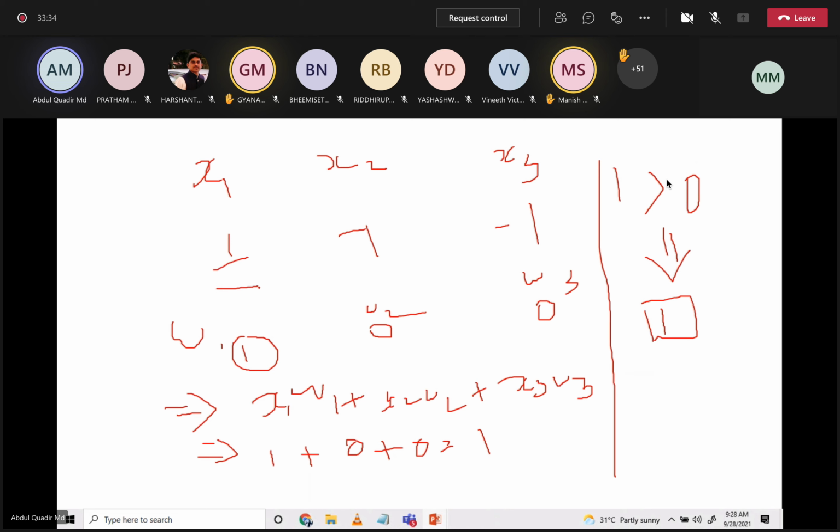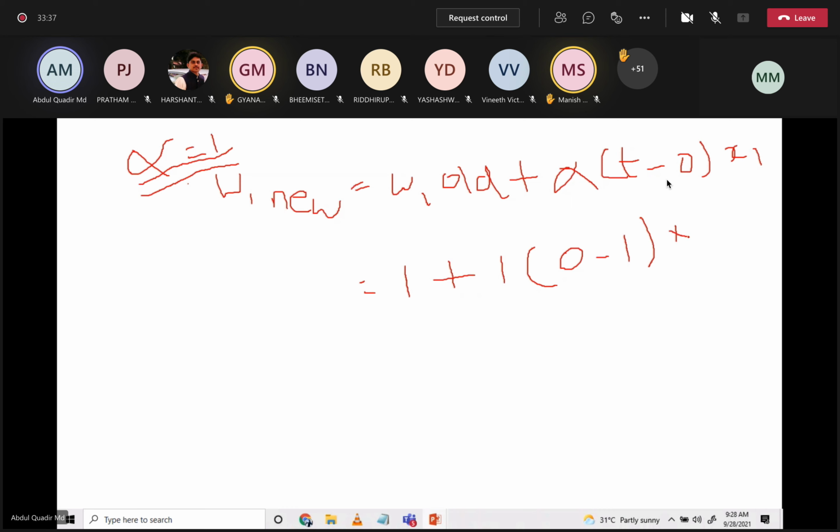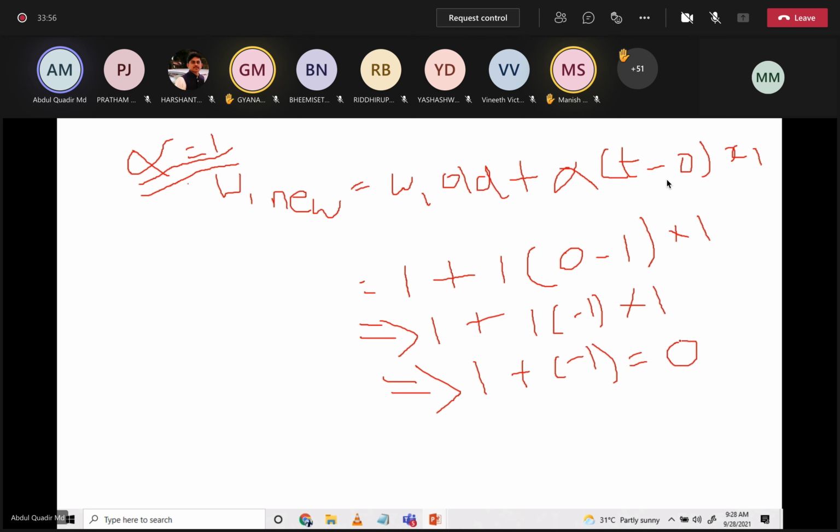So 1 plus 1 into minus 1 into 1. So 1 plus of minus 1 into 1 is minus 1, which will be 0. Is that clear? The new weight for W1 is 0.